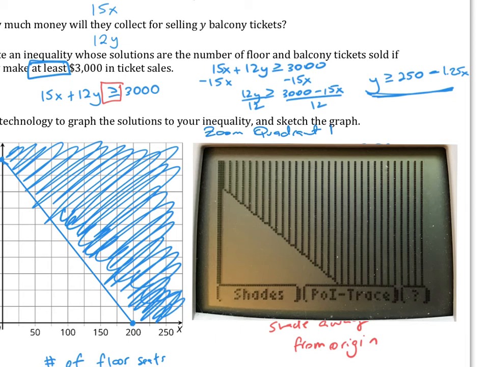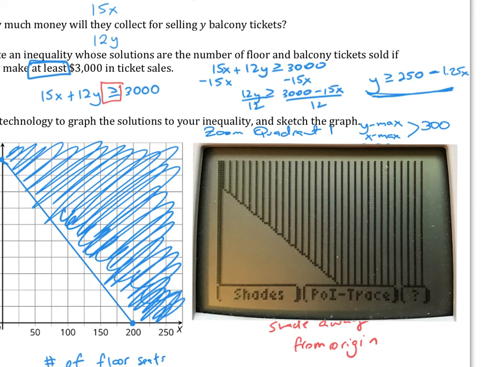From there, I went into my window settings and changed the y max and the x max to 300. This allowed me to see more of the graph than zoom quadrant 1 does, because with zoom quadrant 1 it only goes up to about 10, so it doesn't give you enough information. So I had to change my window settings.